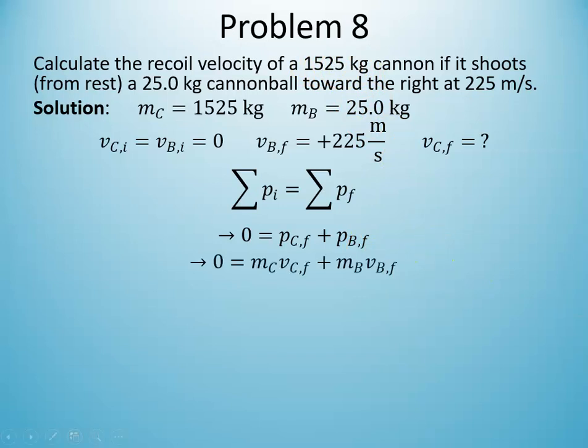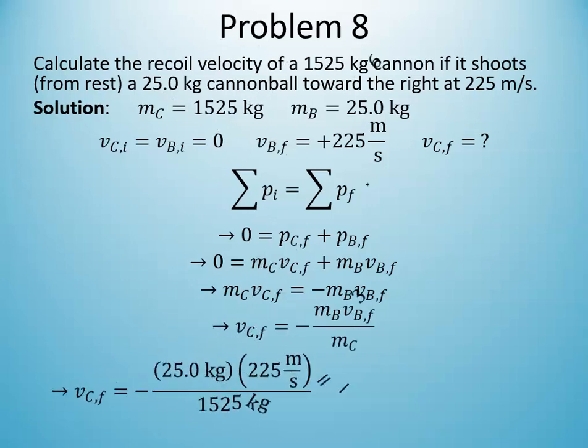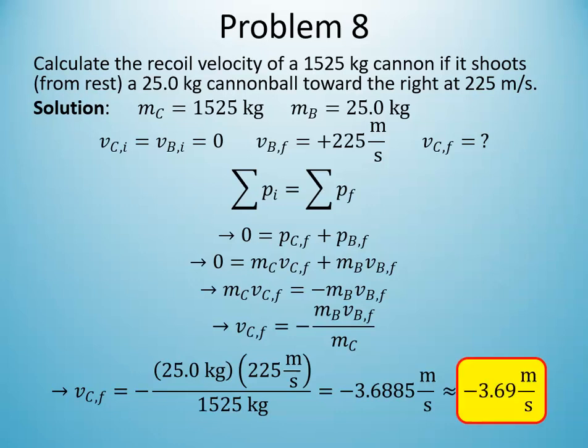So every p is an mv. We're solving for the final velocity of the cannon, so we want this whole term first by itself, so we subtract this thing off. And now we divide both sides by the mass of the cannon, and now we plug in our numbers. And when we do that, we get that the final velocity of the cannon is 3.69 meters per second toward the left.